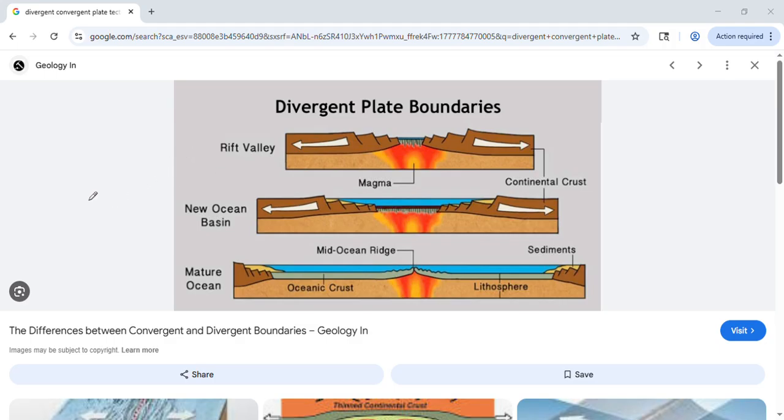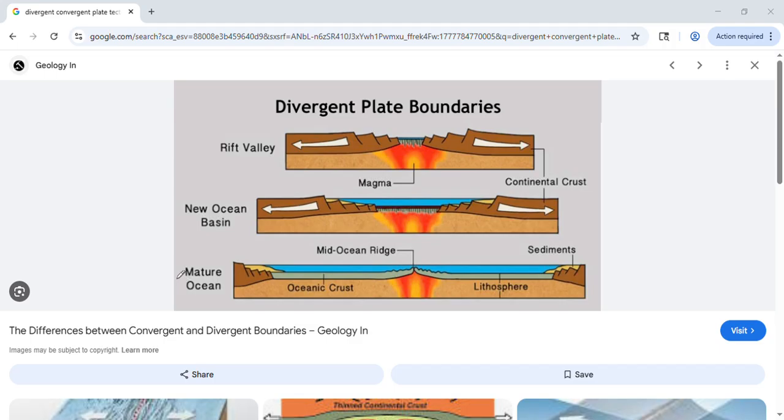The older and denser plate subducts, forming island arcs and deep oceanic trenches. Here the island arc and deep oceanic trenches are formed. For example, the Japan island arc.